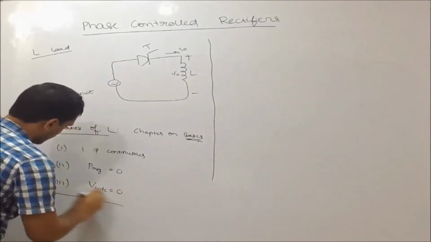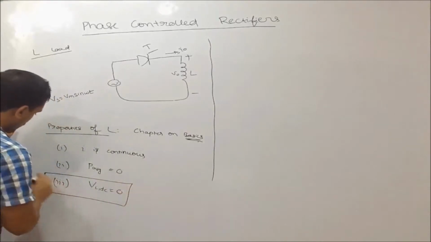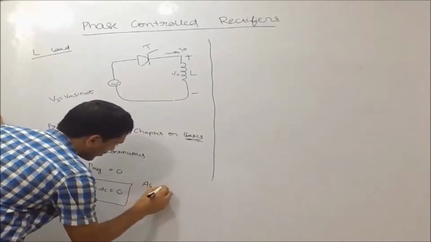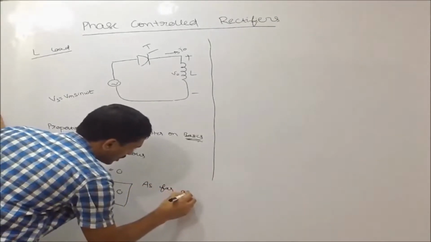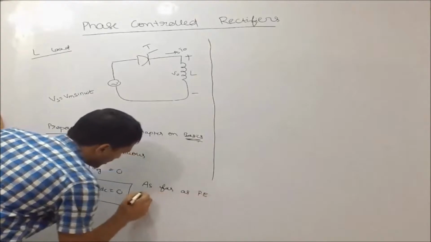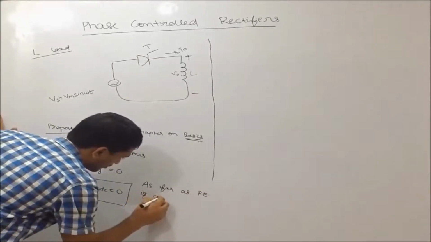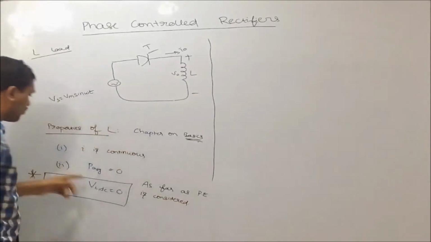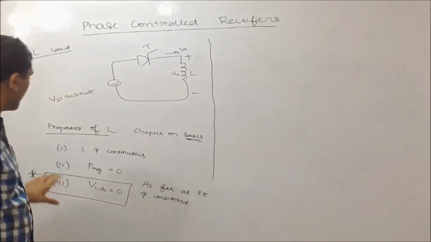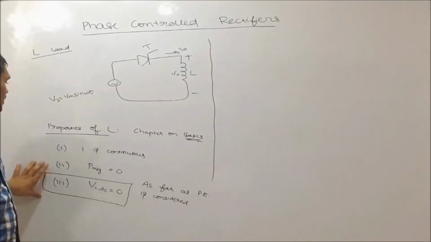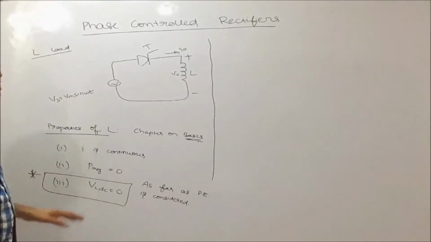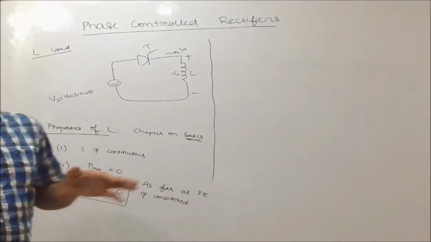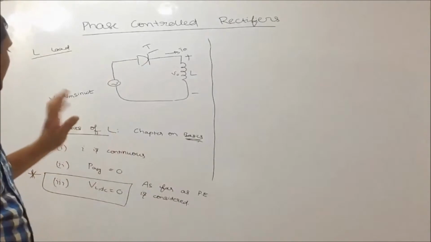This is the most important tool as far as power electronics is considered. So many times we have to use this one. This is the most powerful tool. If you know this one, the rectifiers or the chokes become very easy.